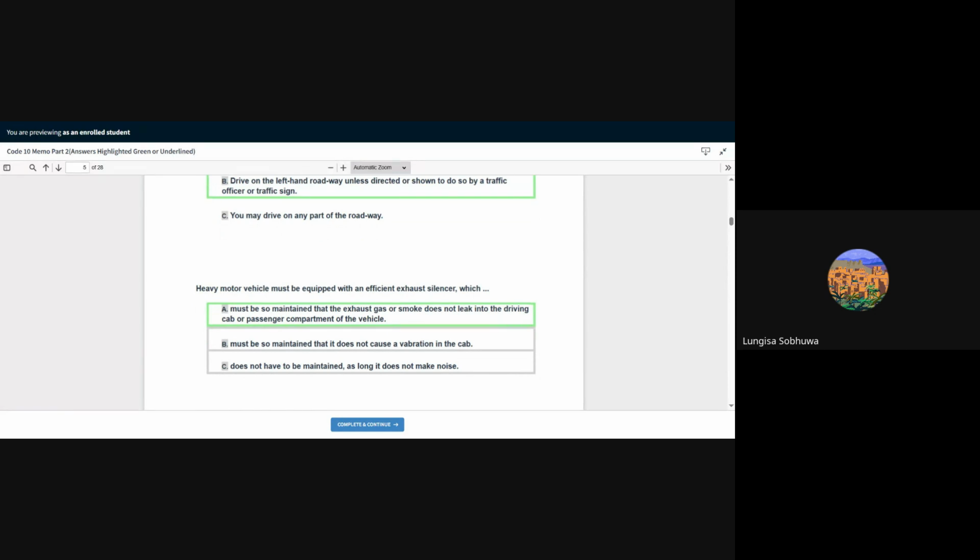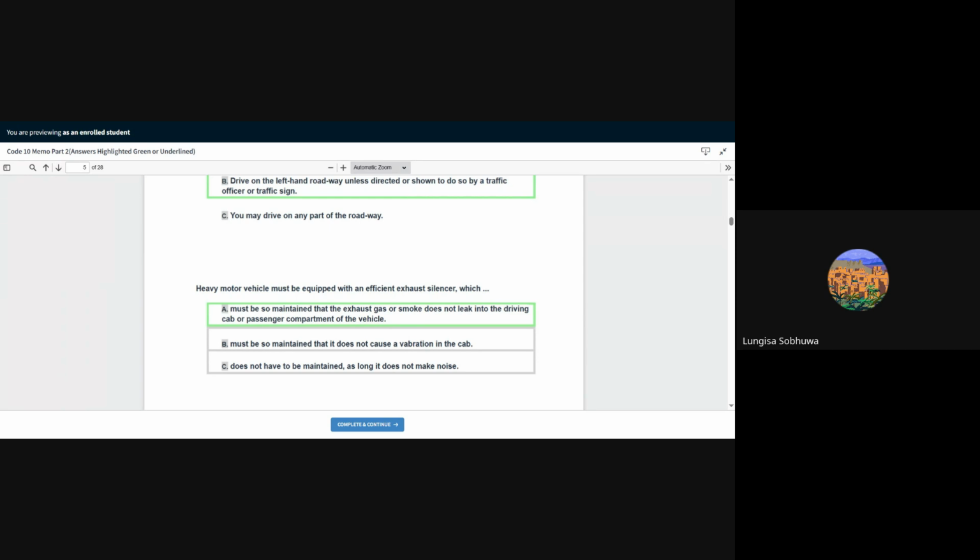Then we keep moving. The next question is, a heavy motor vehicle must be equipped with an efficient exhaust silencer. Let's look at the options. Option A says must be so maintained that the exhaust gas or smoke does not leak into the driving cab or passenger compartment of the vehicle.